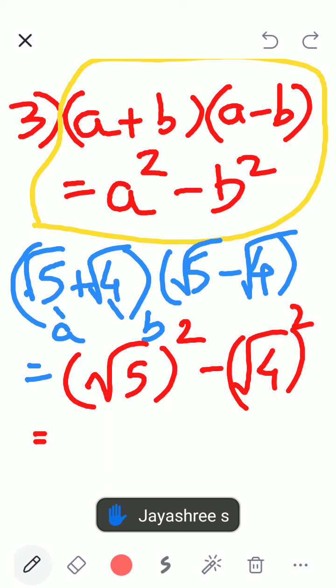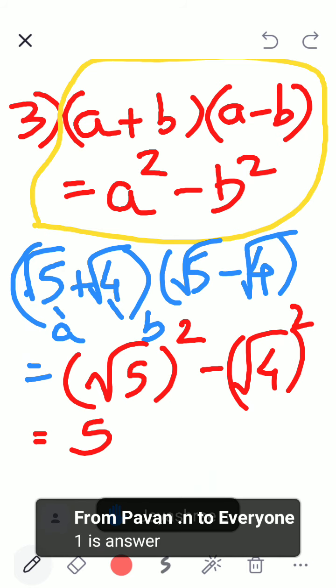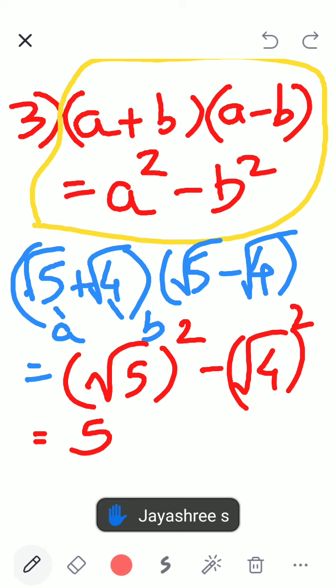No, it is the same number inside the house. 5 square is 25, child. Root 5 square is 5. Now tell me, Jayashree, what is root 4 square? 4. Now tell me what is 5 minus 4? 1. This is your answer. Very good.